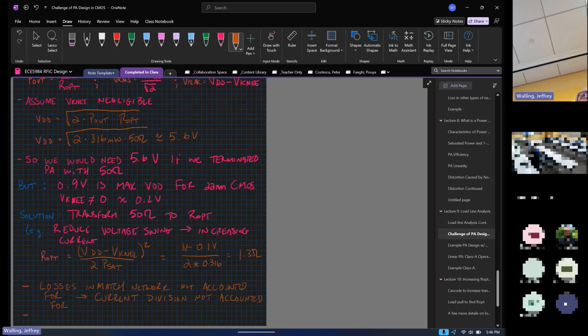We are not accounting for current division because we're going to put a 1.3 ohm resistor at the drain of the transistor. The transistor is a current source that has a finite output impedance, which means that there will be a current division where current goes into the finite output impedance of the transistor rather than into the load where we want it to go. So those two things are not being accounted for.